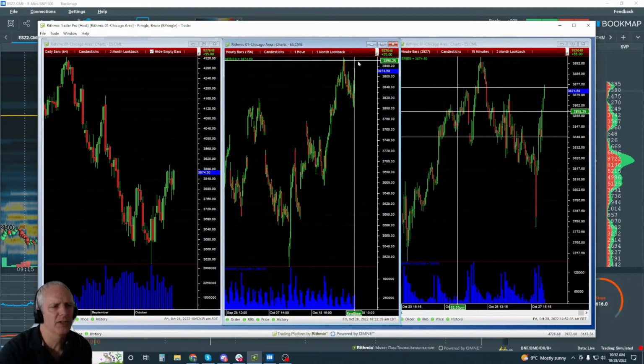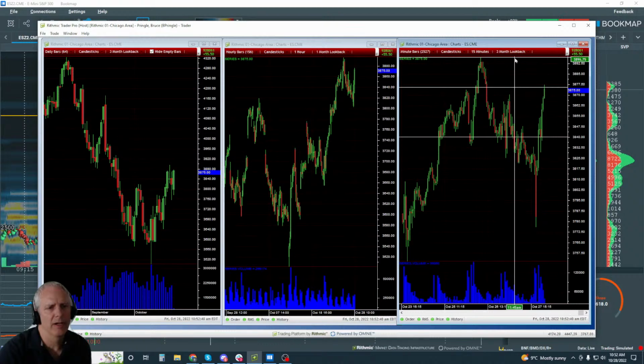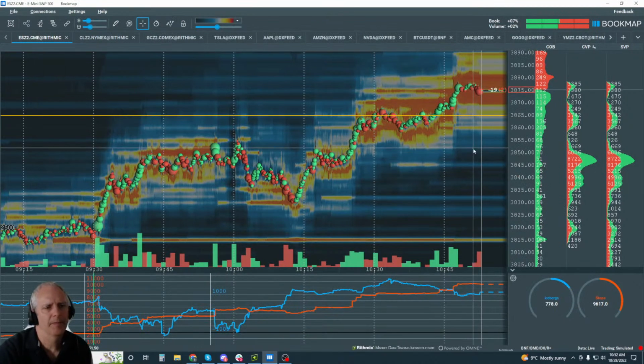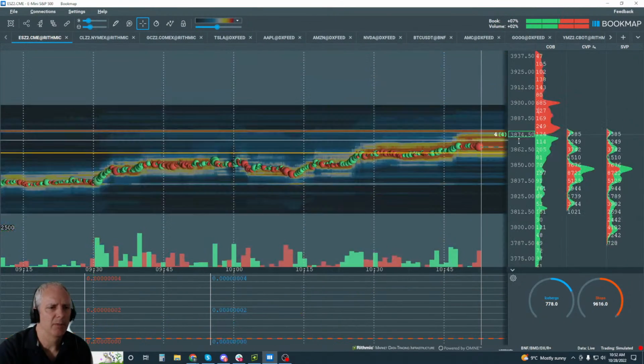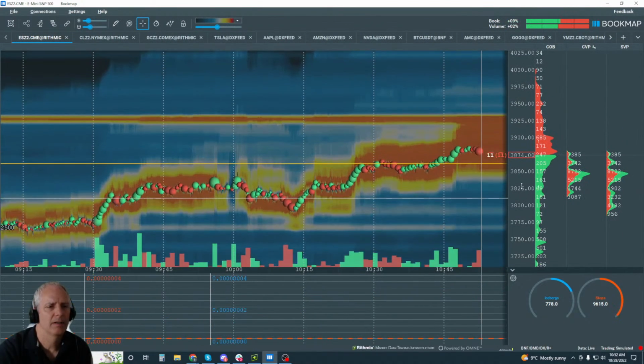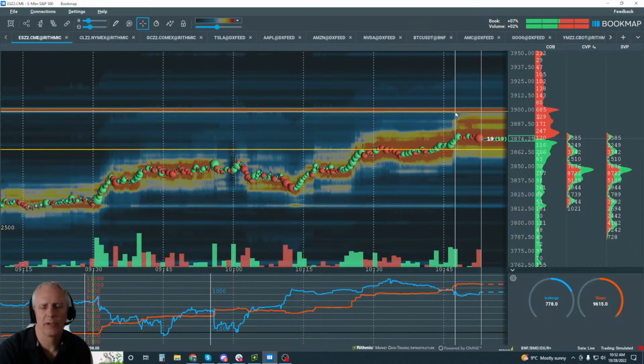So on our hourly chart, we're looking for maybe 3890, maybe 3900. Way up here. 3896 or 97 is the high up here. Okay, and let's look at Bookmap here. Yeah, so we have a lot of liquidity up here at the figure.